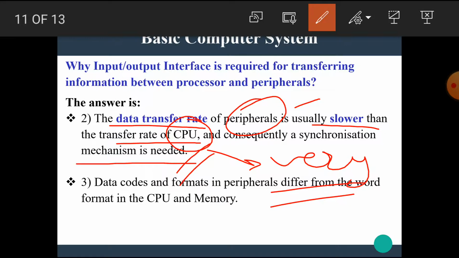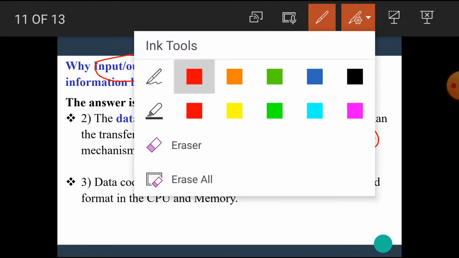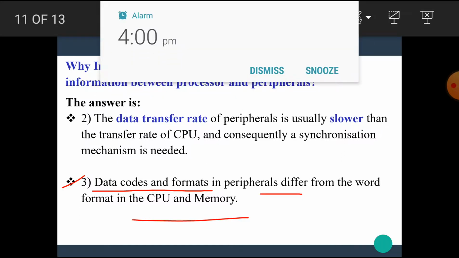It may be slower than the CPU's data transfer rate. Hence, in this process, we require the synchronization of data rate. The synchronization of data rate is provided by this input output interface. Hence, it is required. The third difference is that the data codes and formats in the peripherals are different from the word format in the CPU and memory.